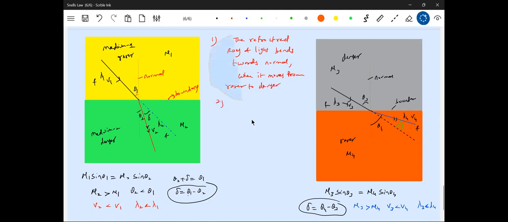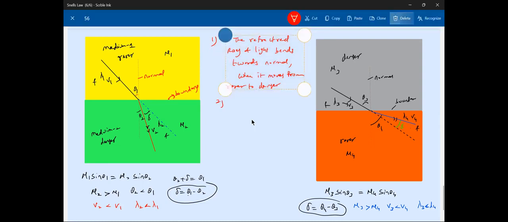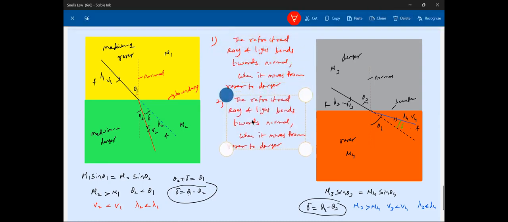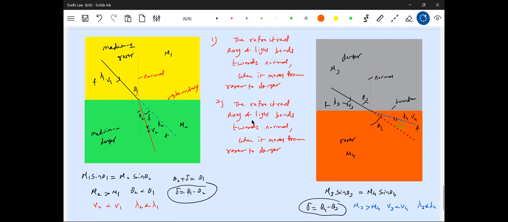Same thing: the refracted ray of light bends away from the normal when it moves from denser to rarer. Okay, so when a ray of light moves from rare to denser, it will bend towards the normal. When it moves from denser to rare, it will bend away from the normal.